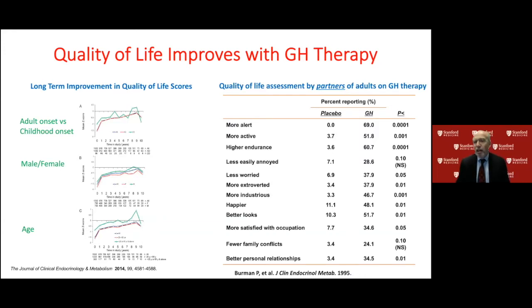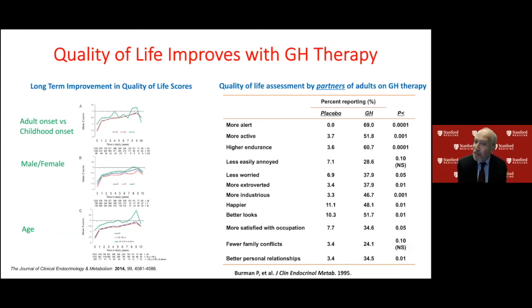My favorite study on quality of life, however, was in a double-blind, placebo-controlled trial that was reported a number of years ago, where patients received either a placebo or growth hormone, and then they were given questionnaires to try to determine if their quality of life had improved. And when they answered those questionnaires, there was a modest improvement in some aspects of quality of life.